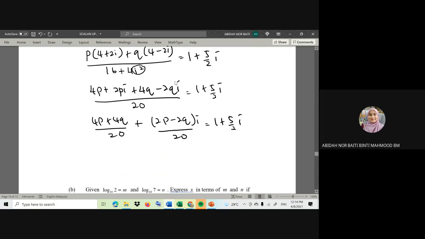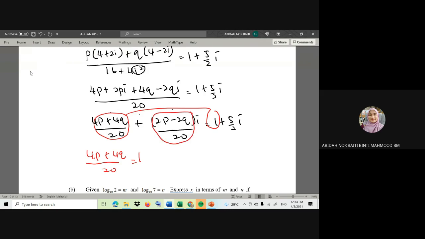Okay, rearrange in the form of complex number, real plus imaginary. And then we compare. Okay, compare real with real. Okay, imaginary, compare with imaginary. Then we get values of P and Q ya. Equal to 5/2.